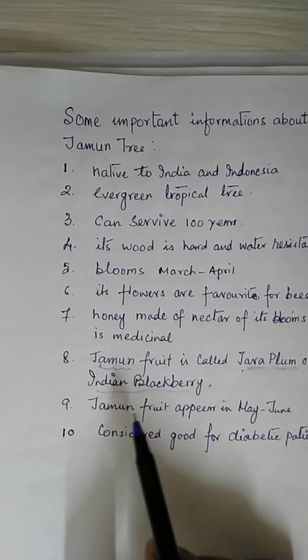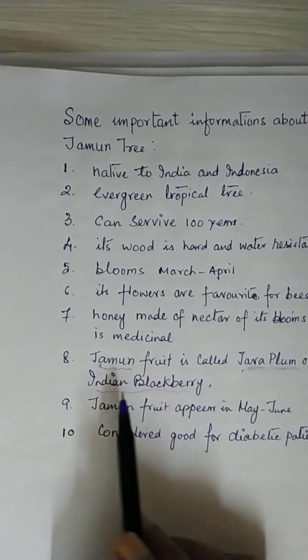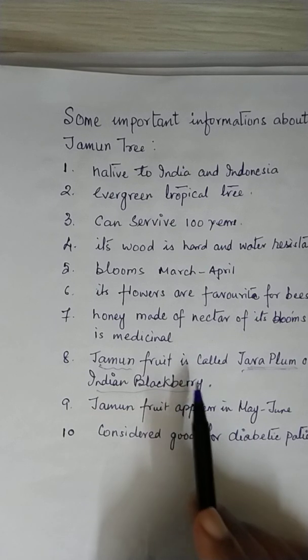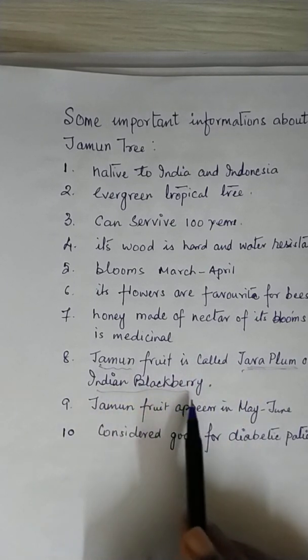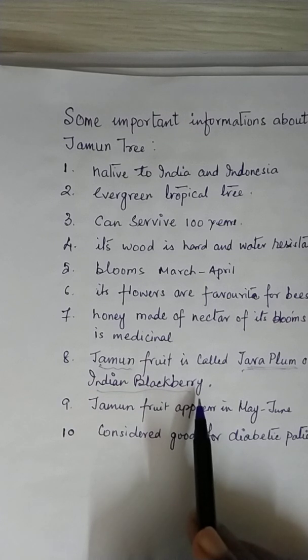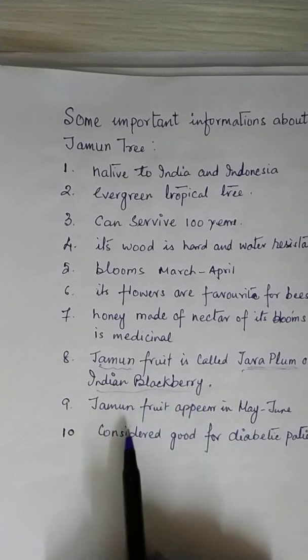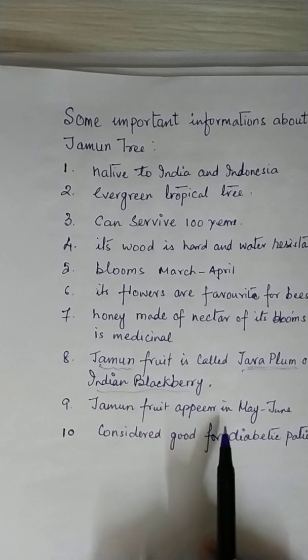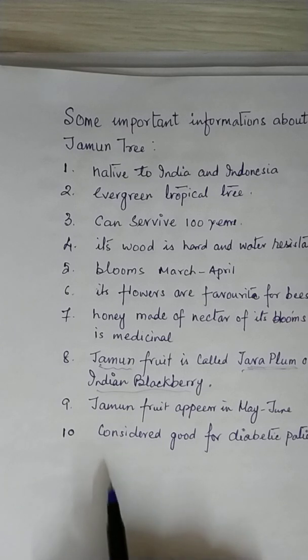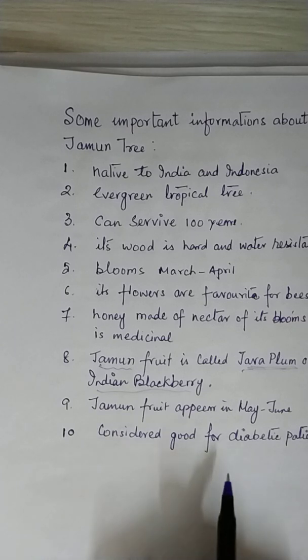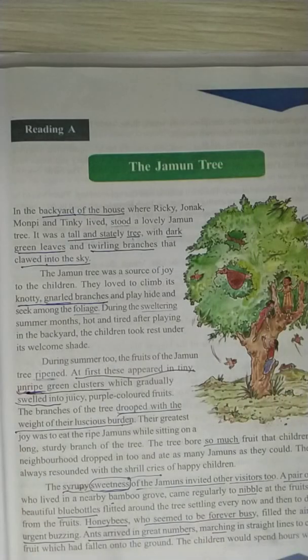Jamun fruit in English is called Java plum or Indian blackberry. And this fruit actually appears in the hot summer in the month of May and June. And Jamun fruit is also considered very good for diabetic patients. So these are some basic informations I have given. You can collect more informations.